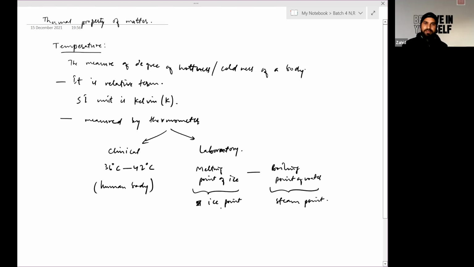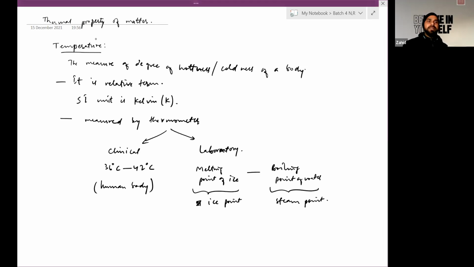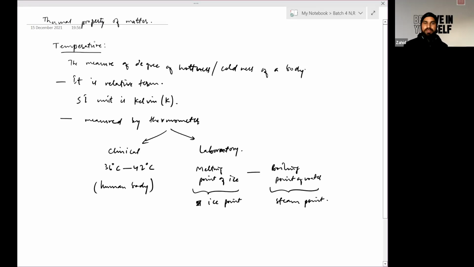Now, on the basis of this range, we can define a formula to convert one unit into another, or to define a particular scale. T minus LFP divided by UFP minus LFP will be constant for all different scales of measuring temperature. T is the temperature on that scale.